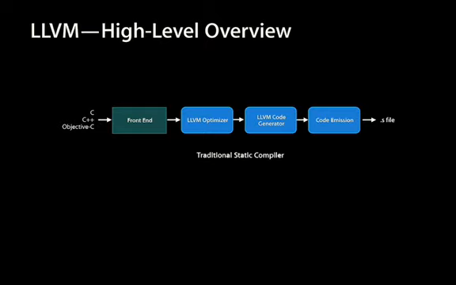So again, if you take a look at LLVM GCC, it's just a traditional static compiler. One of the common things with a static compiler is depending on other tools to take the code that's generated by the compiler and produce an executable. For example, LLVM GCC and GCC both produce assembly code, and then require an assembler and linker to produce an executable.